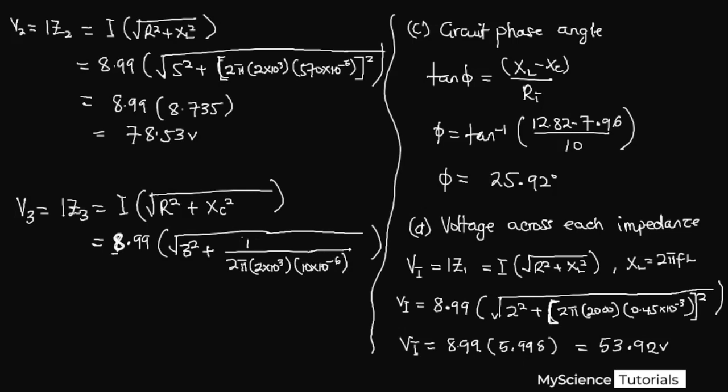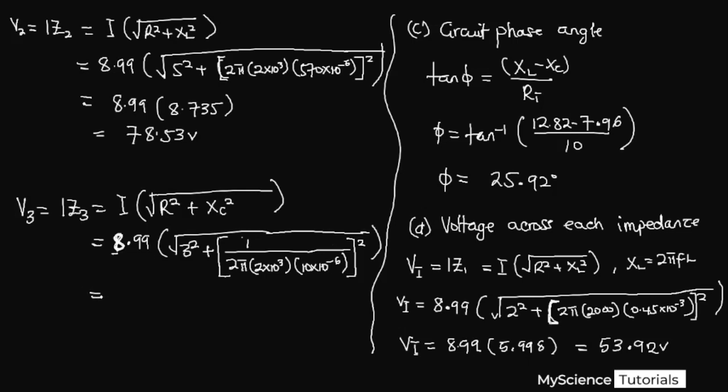This is under the root sign over here. That is just for XC. So we now have to square everything here whilst it's still under the root sign.